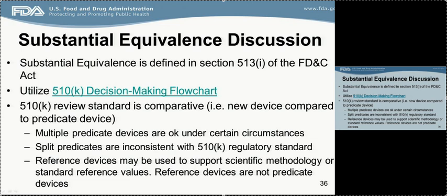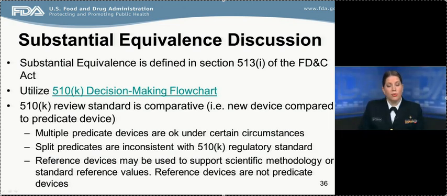Within the 510(k) program final guidance, it addresses some specific points that I wanted to make note of during this presentation. The first one is that multiple predicate devices are okay, but only under certain circumstances. So for additional references or examples on when multiple predicates may be appropriate, please refer to that guidance. It's important to note that split predicates are inconsistent with the 510(k) regulatory standard.